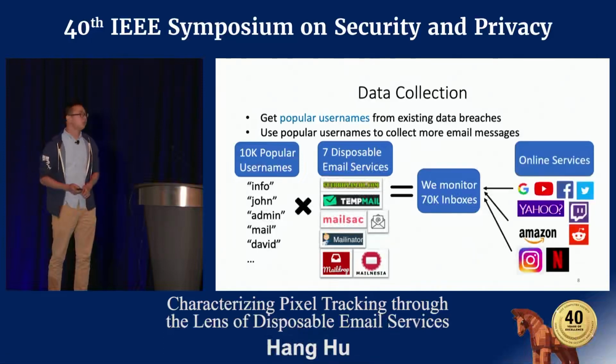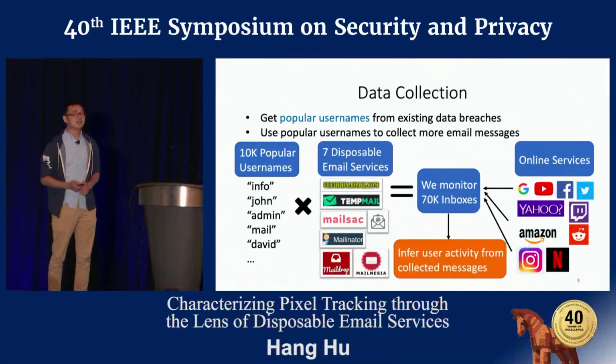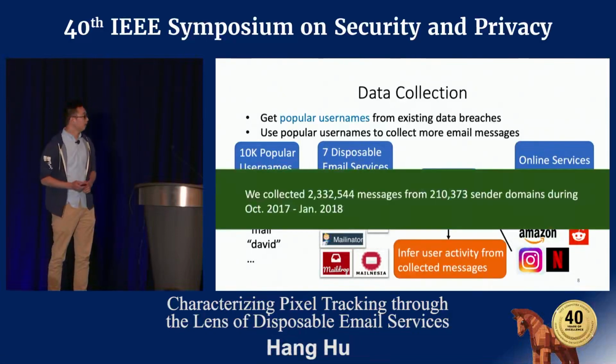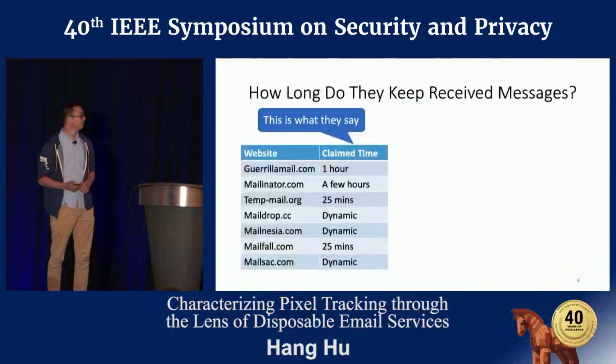And because users use those inboxes to interact with online services like YouTube, Facebook, or Twitter, we can use those inboxes to collect user messages, then infer user activity. In total, we collected 2.3 million messages from 210,000 sender domains from October 2017 to January 2018.